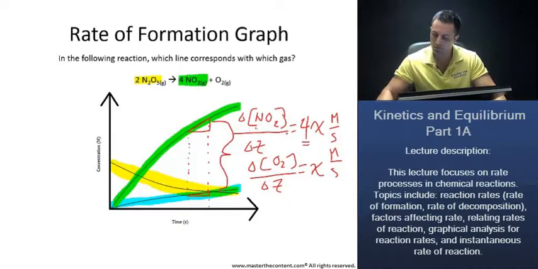We'll notice that the average rate of formation of the nitrogen dioxide gas is 4 times the average rate of formation of the oxygen gas. And that's also apparent here with our reaction.